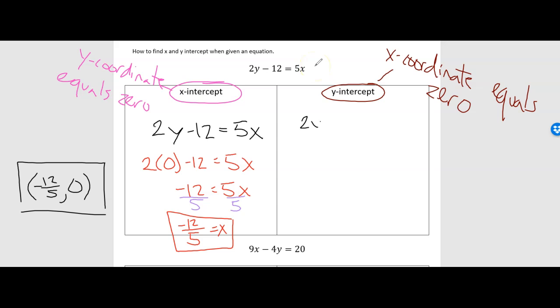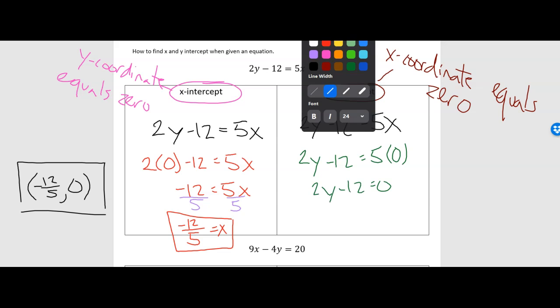So we start with our general equation, or rather the specific equation, and then we do some substitution. Instead of substituting in 0 for y, I'm going to substitute in 0 for x. That gives me 2y minus 12 is equal to 0.